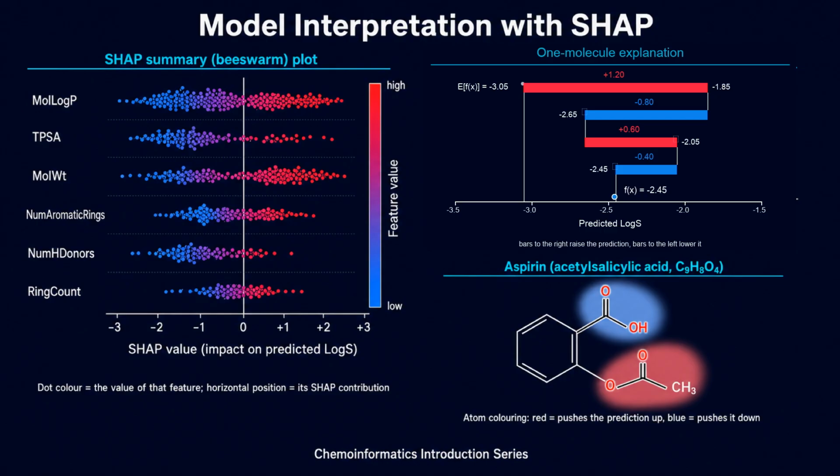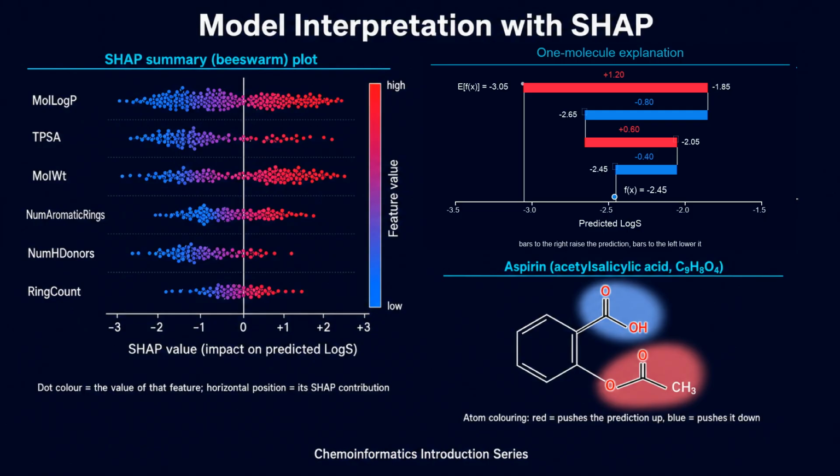SHAP, which stands for SHapley Additive exPlanations, provides this interpretability. It comes from game theory and assigns each feature an importance value for each prediction. The SHAP summary plot shows which features matter most across all predictions. Features at the top are most important. The waterfall plot explains individual predictions.